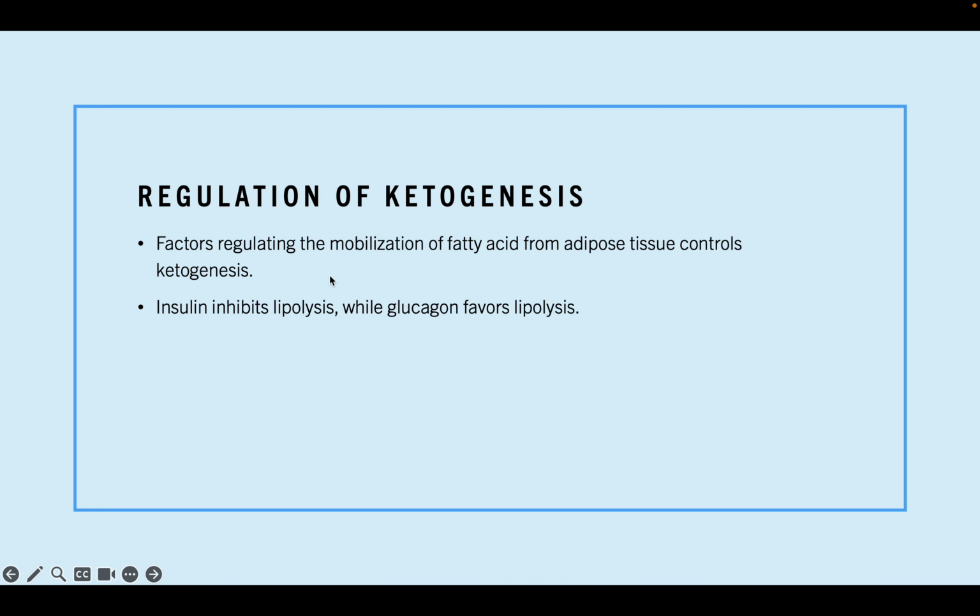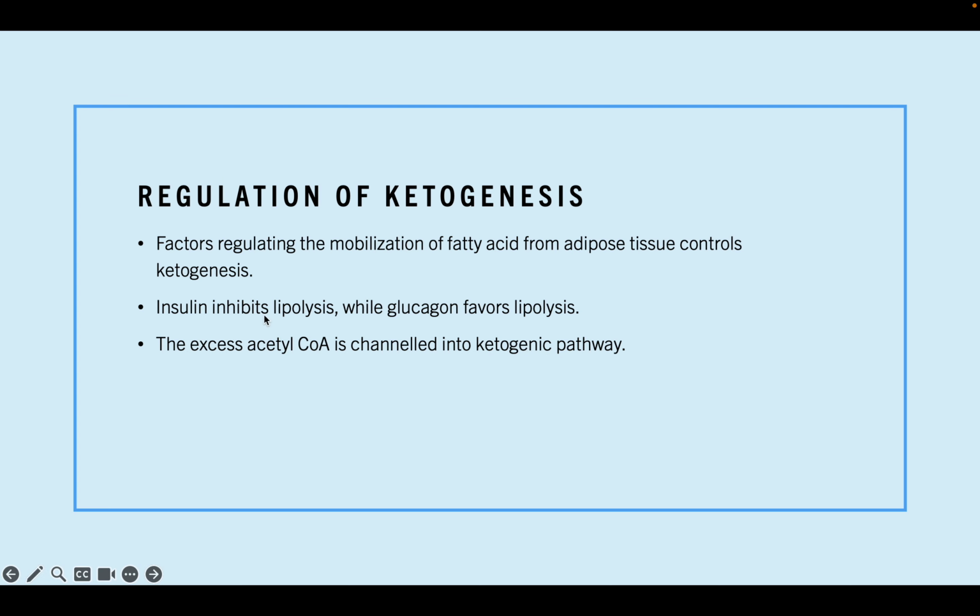But when you are full and eating, insulin inhibits lipolysis, while glucagon, a hormone that is activated during starvation to maintain the blood glucose level, activates lipolysis. So the amount of fatty acid mobilization depends on the ratio of insulin to glucagon.